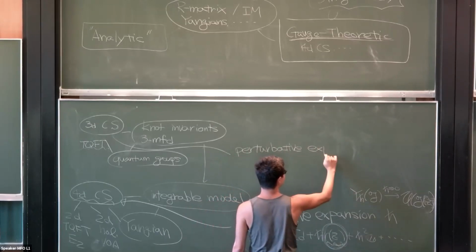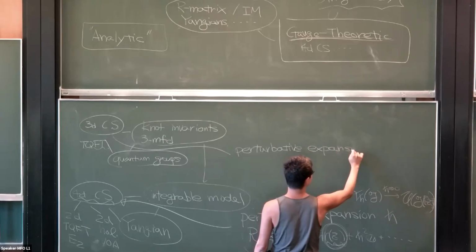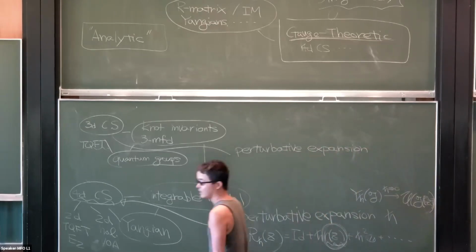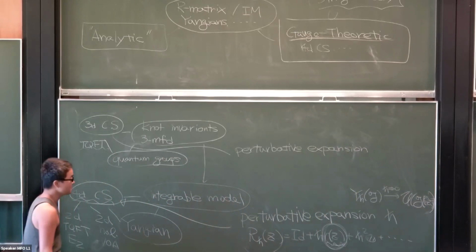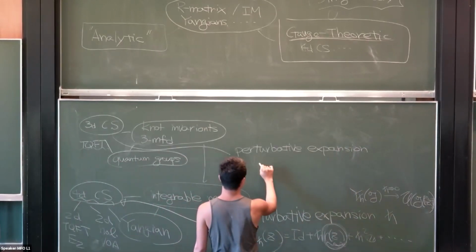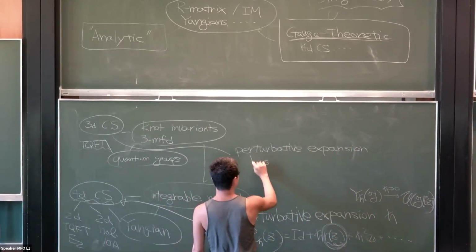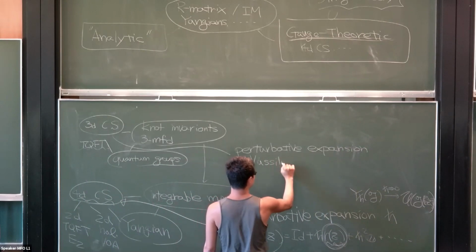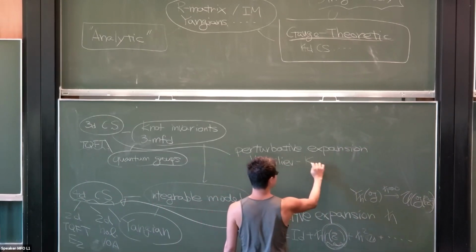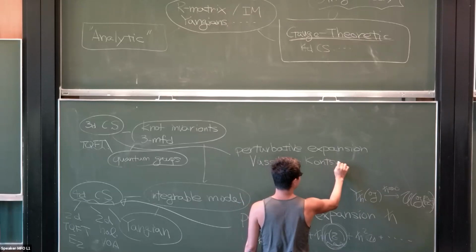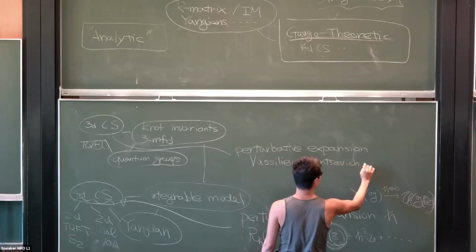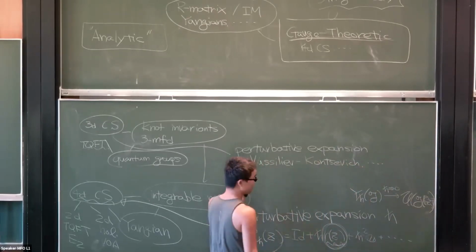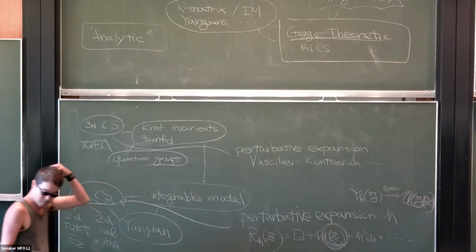That's associated with the names of, for example, Vassiliev and also Kontsevich, and other people. There are earlier papers, but anyway.